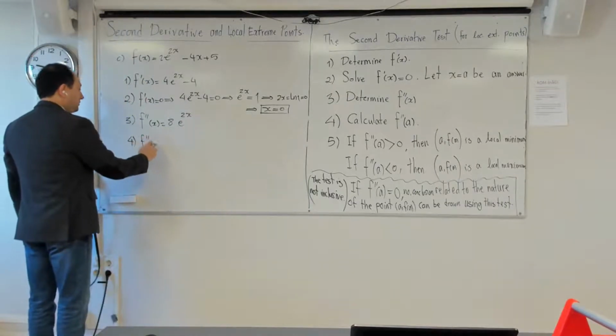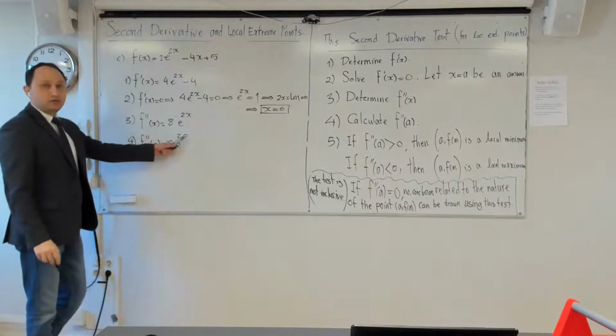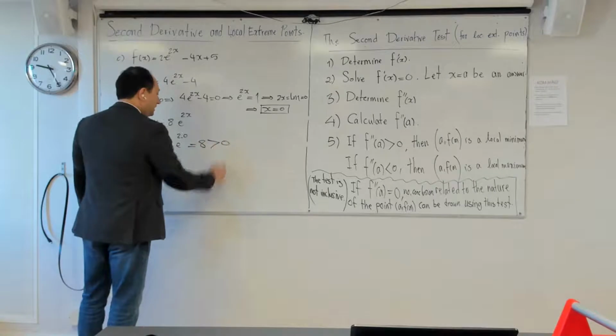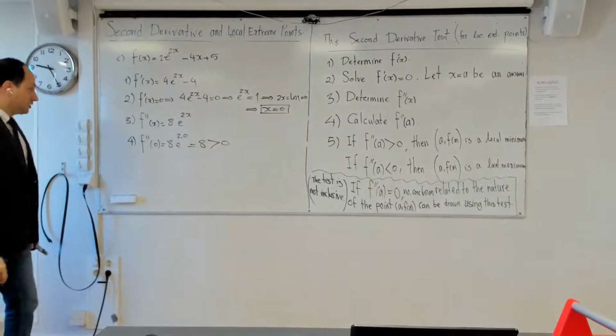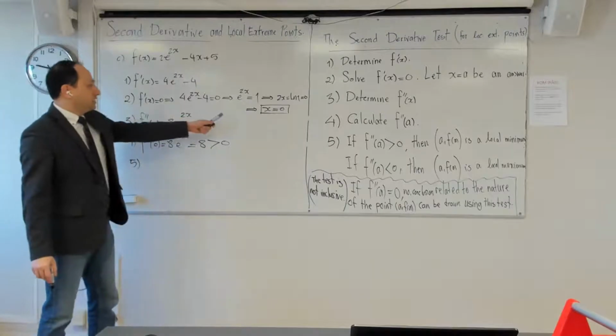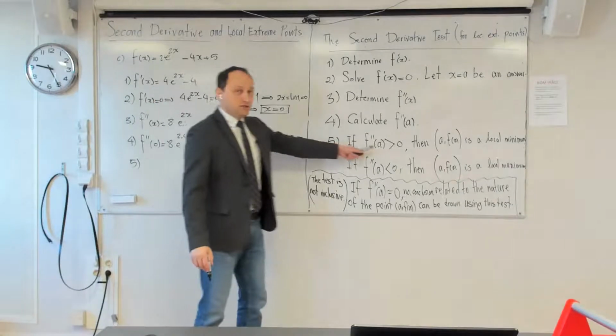So f double prime of 0 is 8e to the power 2 times 0. But 2 times 0 is 0, e to the power 0 is 1, so it becomes 8. And I am lucky, 8 is positive. So this means that I can draw a conclusion, because the first derivative is 0, but the second derivative is positive. So this is this case.